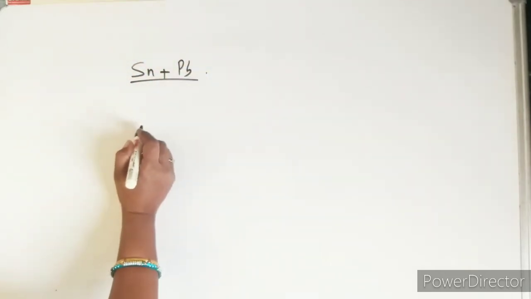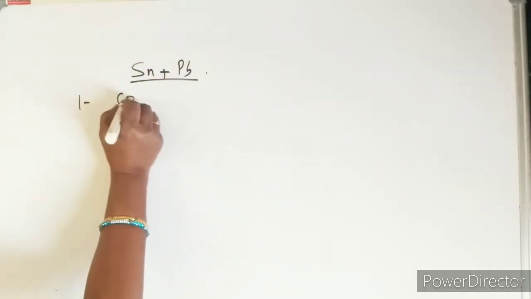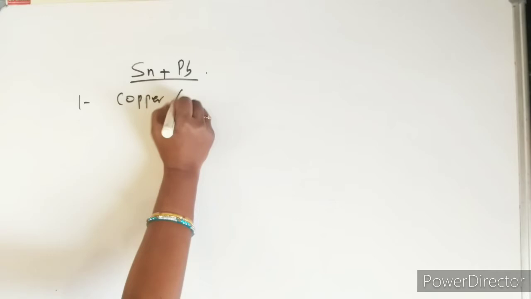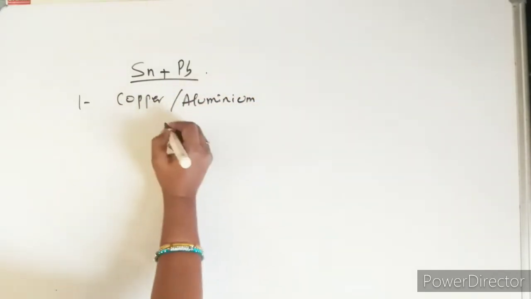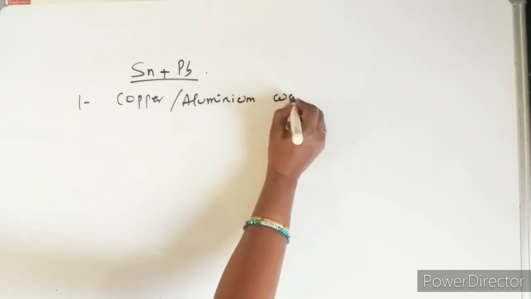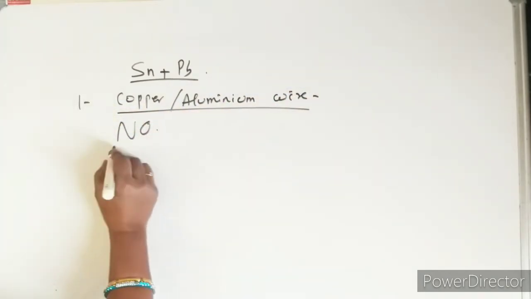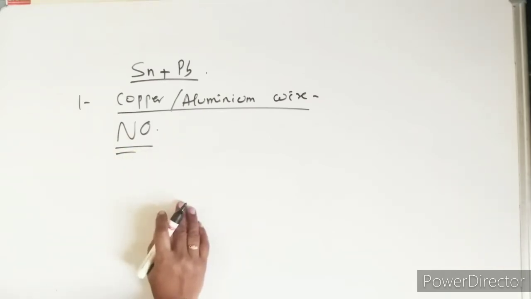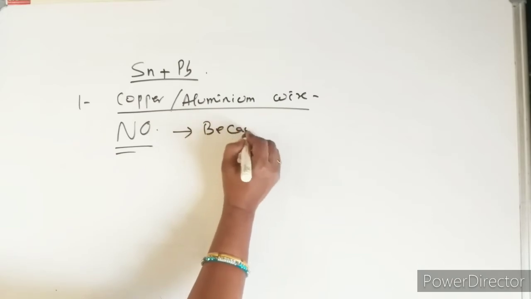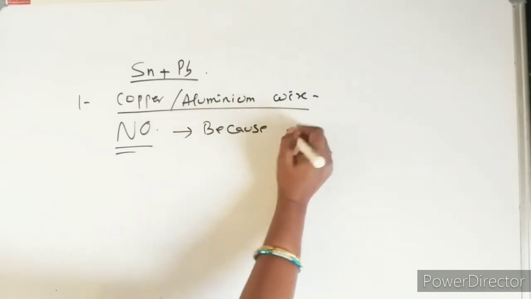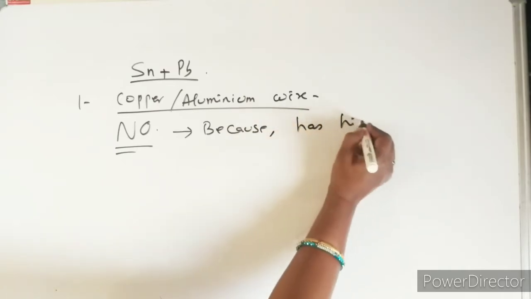So what will happen if we use copper wire or aluminium wire? Can we use copper wire or aluminium wire for the fuse? The answer is a big no. Why can we not use it? Because copper wire or aluminium wire has a high melting point.